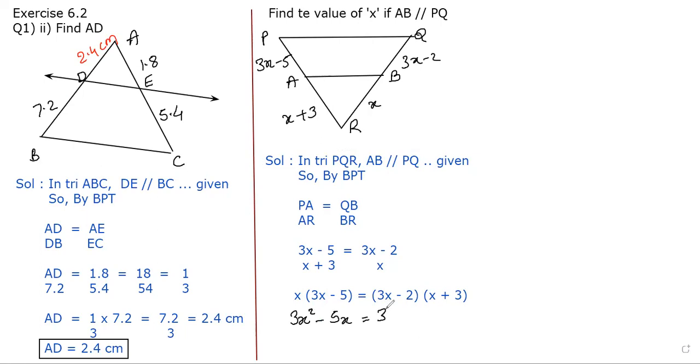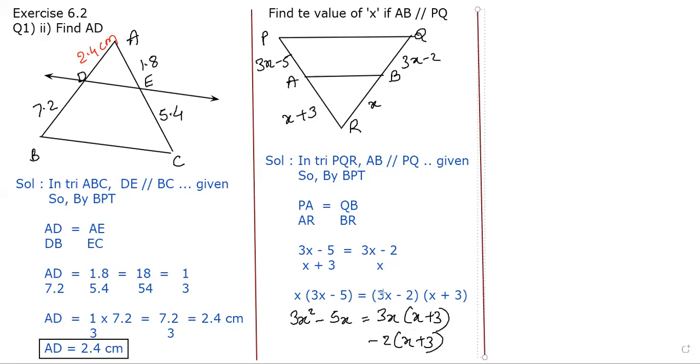Don't do it directly. I will always tell you: first term into bracket plus or minus second term into bracket. Always do like this. Don't try to do the direct multiplication and try to prove that you are really smart, which you are not. I have told you how many times. 3x square minus 5x is equal to 3x square plus 9x minus 2x minus 6.